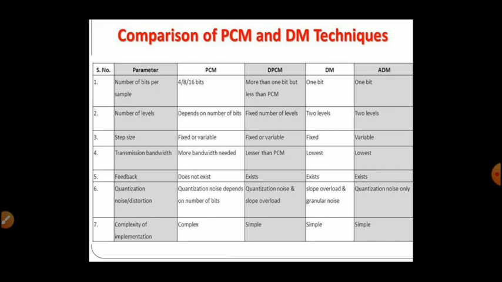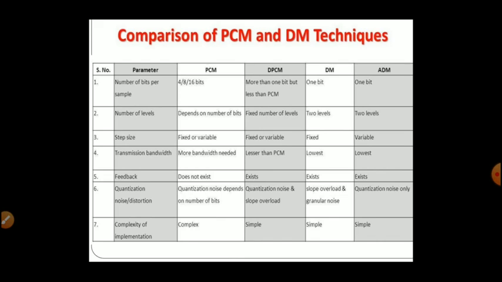First point, the number of bits per sample: in PCM 4, 8, or 16 bits. In DPCM more than 1 bit but less than PCM. In delta modulation 1 bit. In adaptive delta modulation 1 bit.